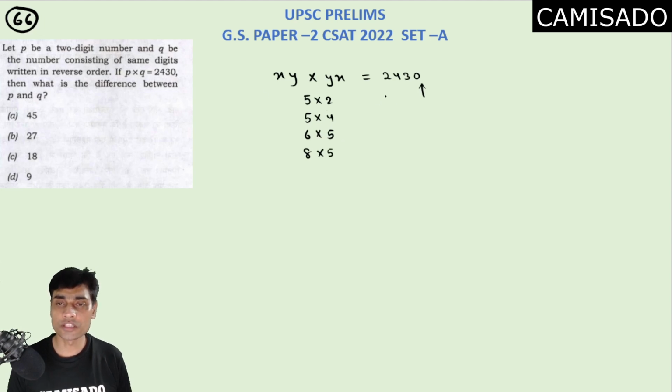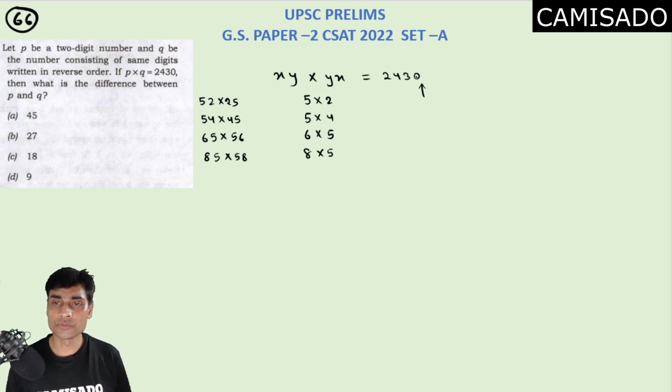Now in all these cases, the numbers are 52 into 25, 54 into 45, 65 into 56, and 85 into 58. Now 52 into 25 is not equal to 2430, but 54 into 45 is equal to 2430. So the number is 54 basically.